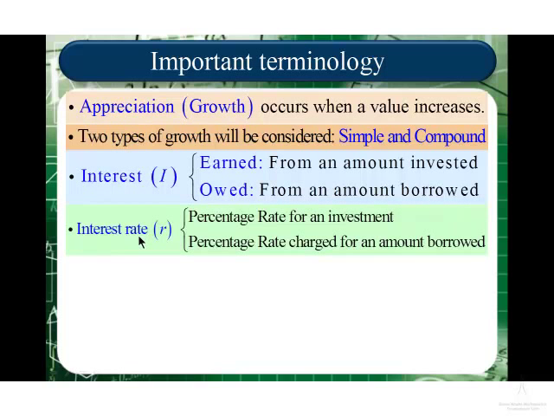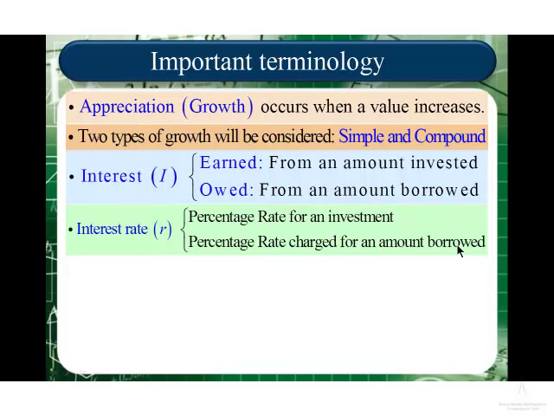Interest rate, of course, is the expression of the amount of interest that is charged over a particular period. That normally is denoted by R, and it is in percentage form, a percentage rate for an investment or a percentage rate charged for an amount borrowed.